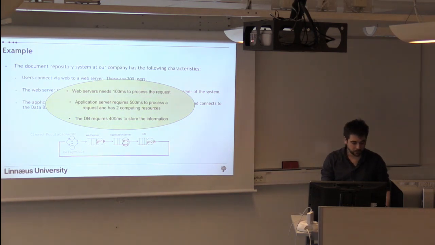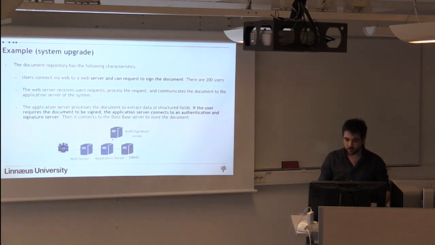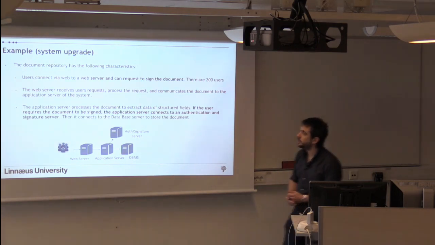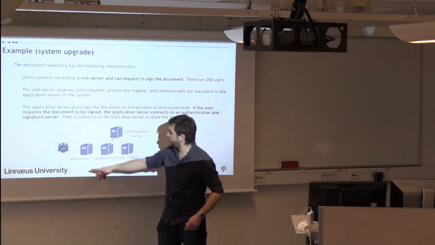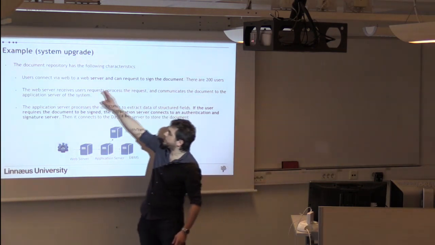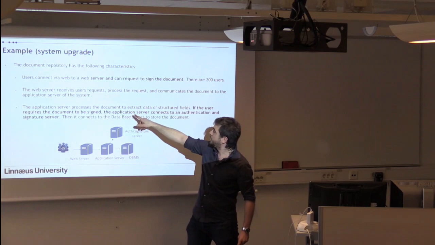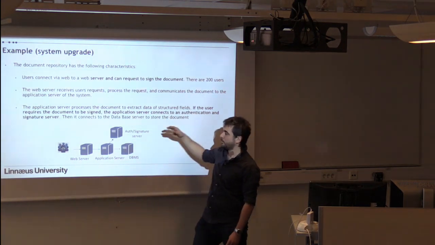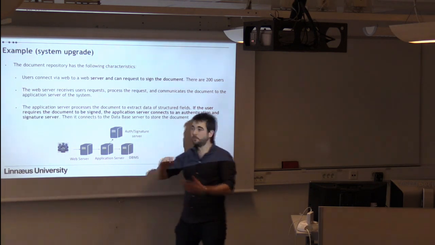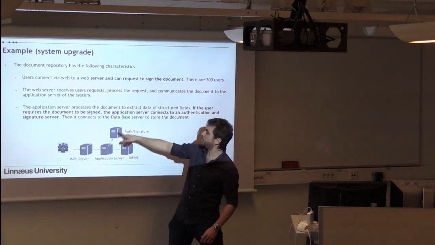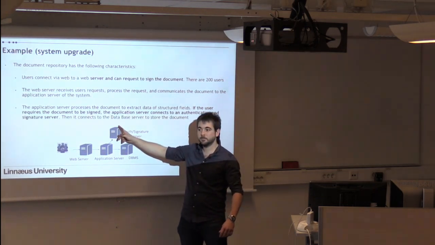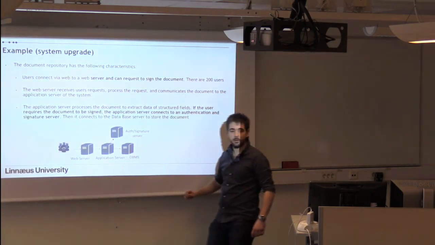Let's increment the system with something, just to use some routing to see how we model the routing. So we have the web server, application, and database, and now the application server processes the document to extract data of structured fields. If the user requires the document to be signed, the application server connects to an authentication or signature server to sign it and then stores it in the database.